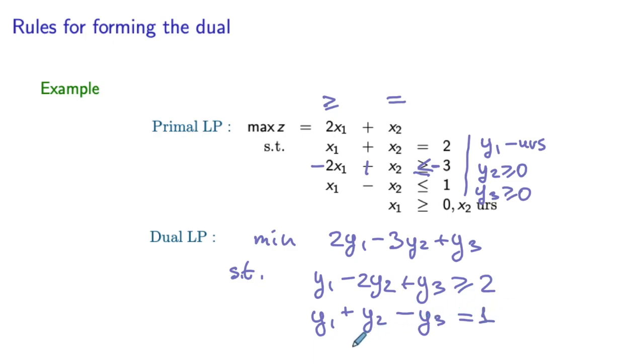And then we specify the types of the variables we got, right? So y1 is gonna be unrestricted in sign, and then y2 and y3 will be non-negative. So this completes the dual of this LP, okay?